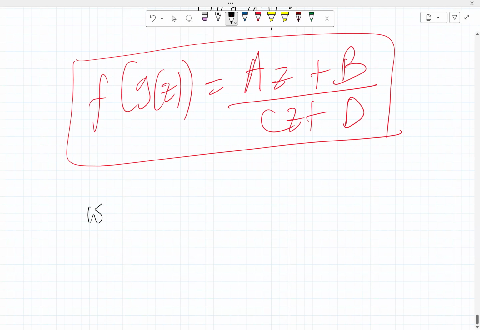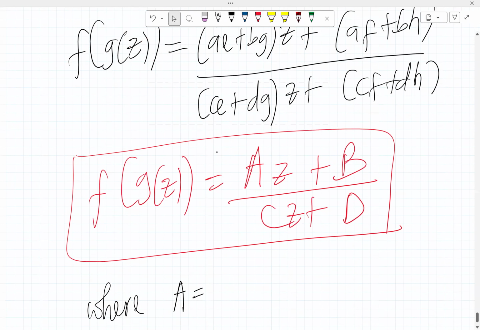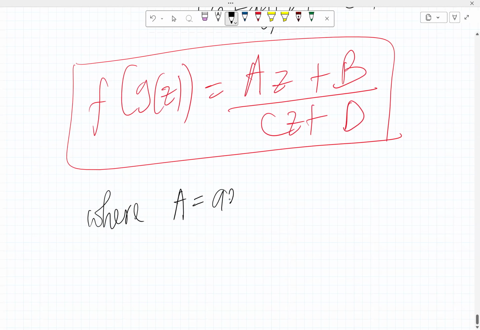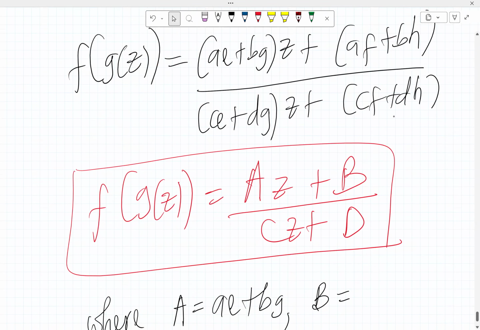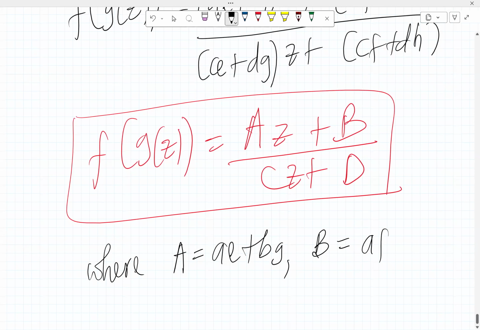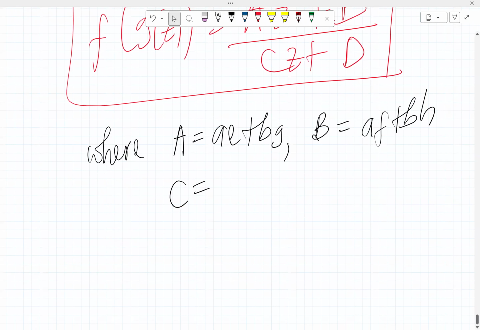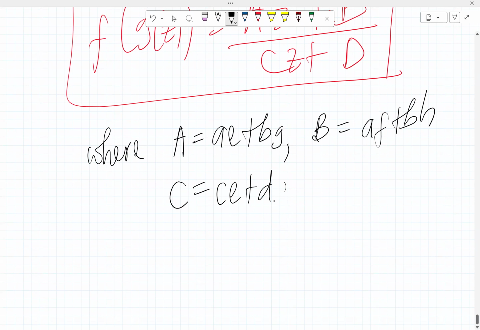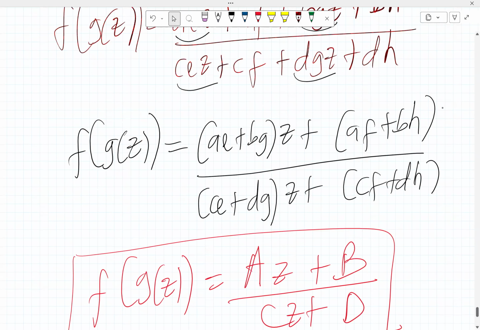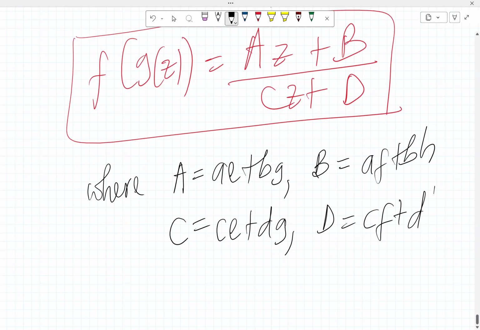So big A is equal to AE plus BG, big B is equal to AF plus BH, big C is CE plus DG, and big D is CF plus DH. And that's how it goes.